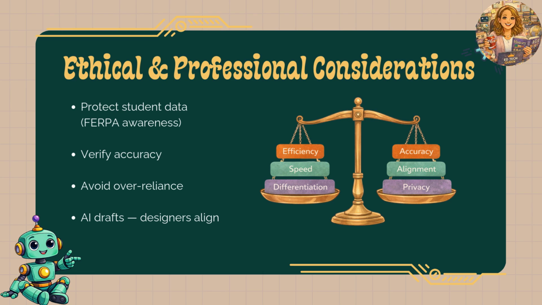I remember with one of them, they generated Frederick Douglass, who is an African-American historical figure, as a Caucasian man. This would not have worked if I had put this into the classroom. So you have to make sure that everything is correct. We don't just trust it blindly.